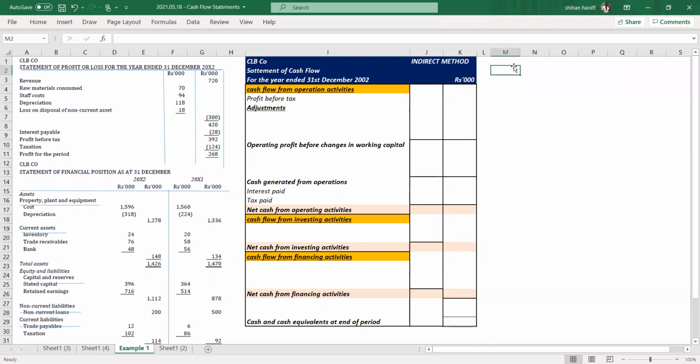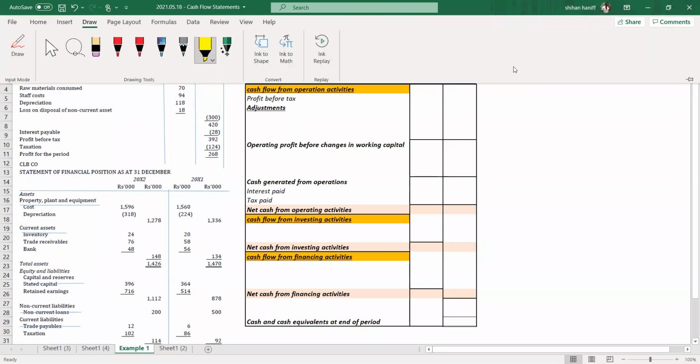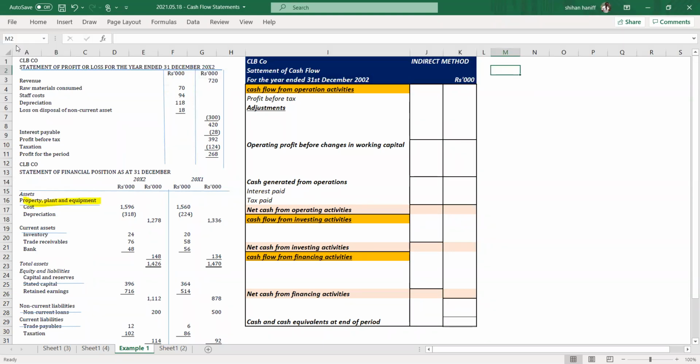Then after that, normally in indirect method, there are some workings that you need to do, especially for the PPE, property, plant and equipment, and taxation, and for interest.